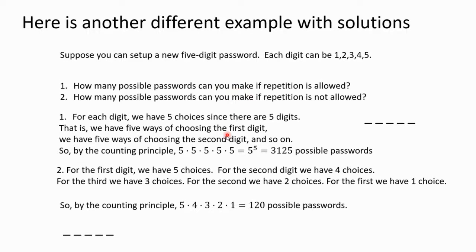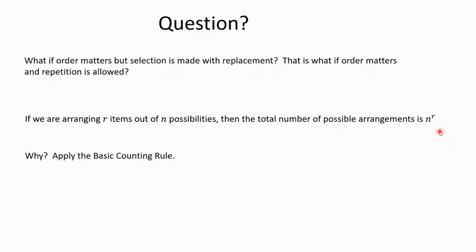So the order does matter, but we allow repetition. Well, it's just like what happens over here. You're making a 5-digit password, right? But since you're allowing repetition, there's n choices for each one, or in this case, 5. So in that case, we have order, but repetition's allowed. Well, in that case, the total number of possible arrangements would be n to the r.